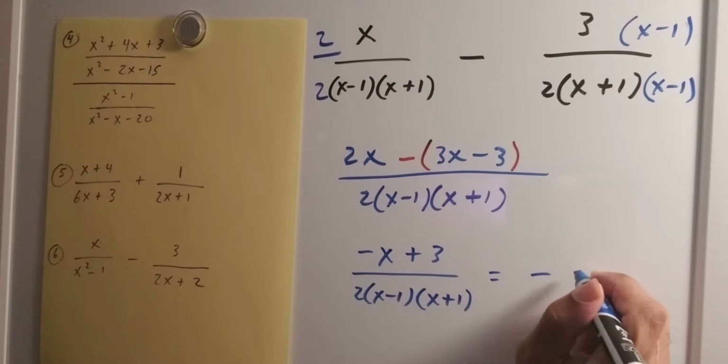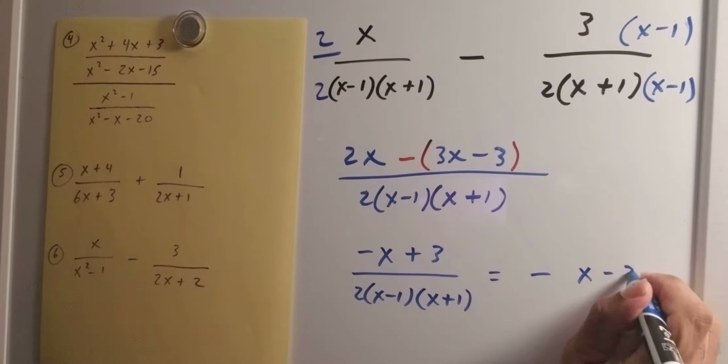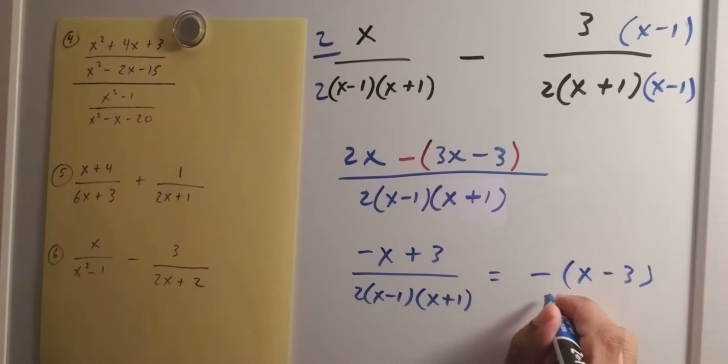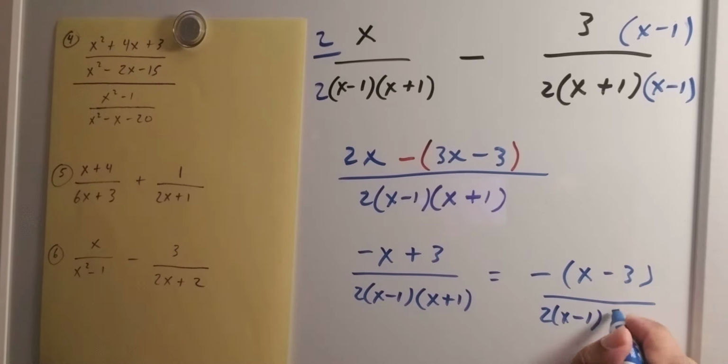You can bring the negative sign out, and that will be x minus 3 over 2 times x minus 1, x plus 1. And that completes problem 6.